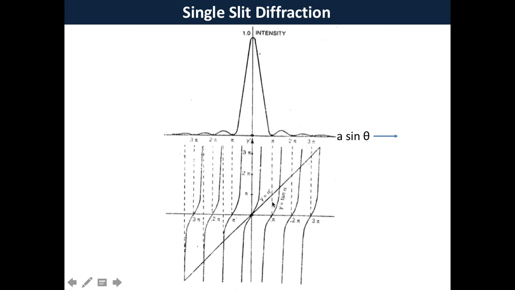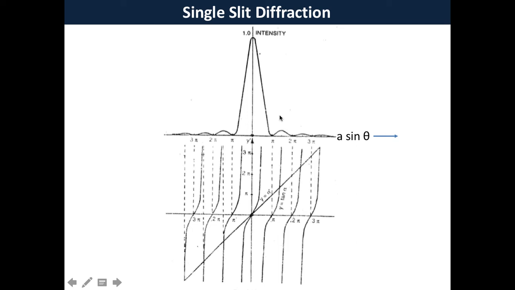So if you see here, this is pi, the secondary minima, this is 2 pi, the secondary minima, and this is the third secondary minima. Here you will get minus 3 pi by 2, here minus 5 pi by 2, here minus 7 pi by 2.